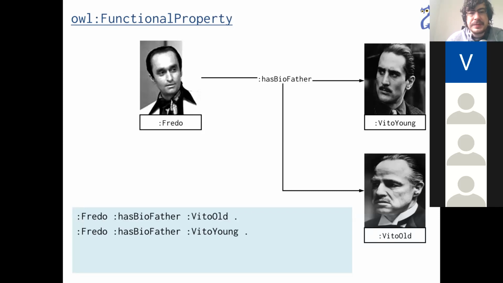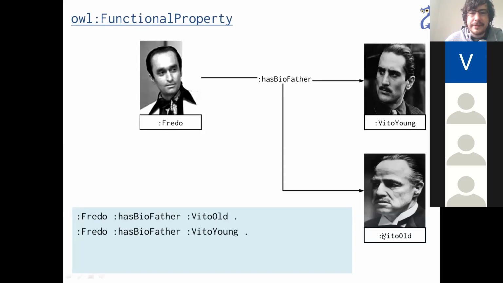Okay, so functional property. If we remember from databases, there's this notion of a functional dependency. And this is a similar notion here. So it means that something can only map to one value, right? Intuitively. So it's a function in a way. So Fredo here has biological father, Vito young and Vito old.